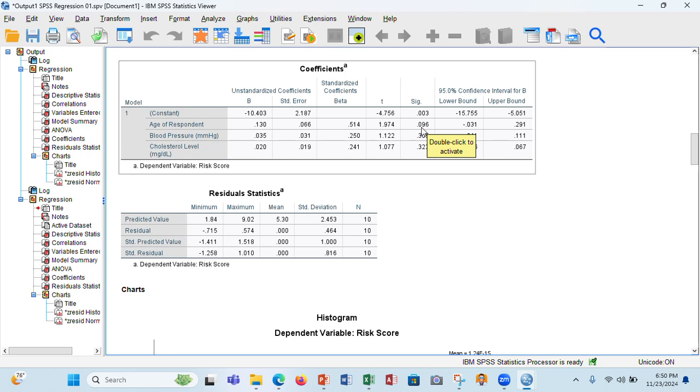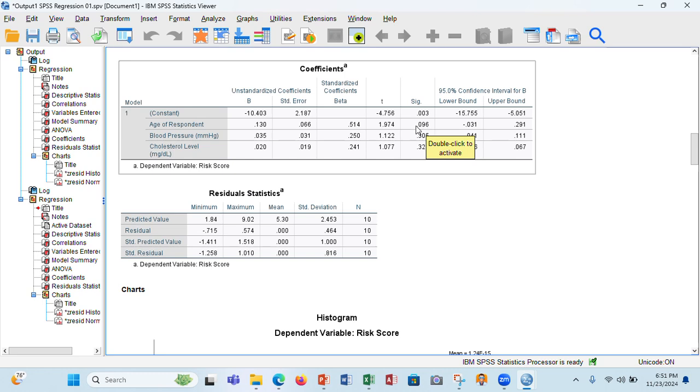For example, here we have 0.096. We compare it to 0.05, which is the alpha value. So this p-value 0.096 is greater than 0.05, which we set as our standard alpha value. So we conclude that this relationship is not significant.